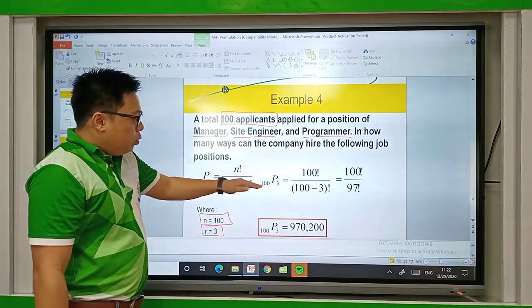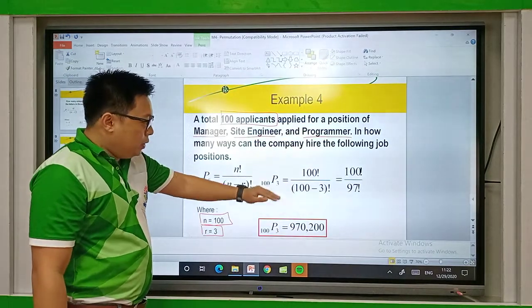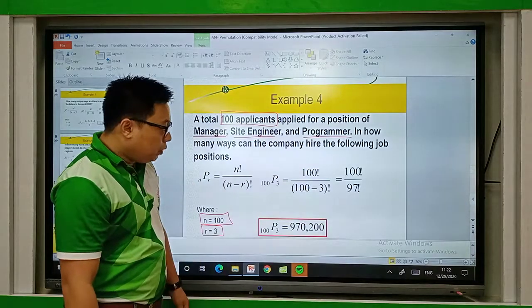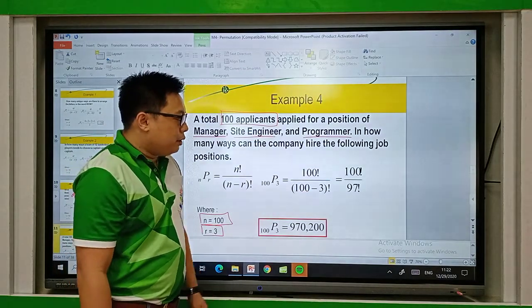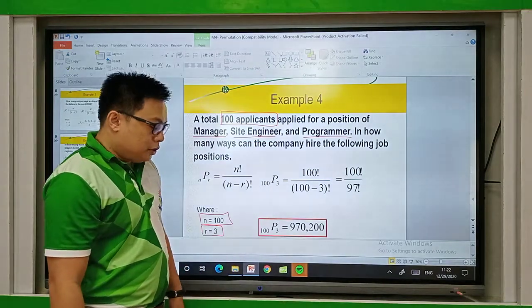So we have 100P3 equals 100 factorial over 100 minus 3 factorial, which is 100 factorial over 97 factorial.